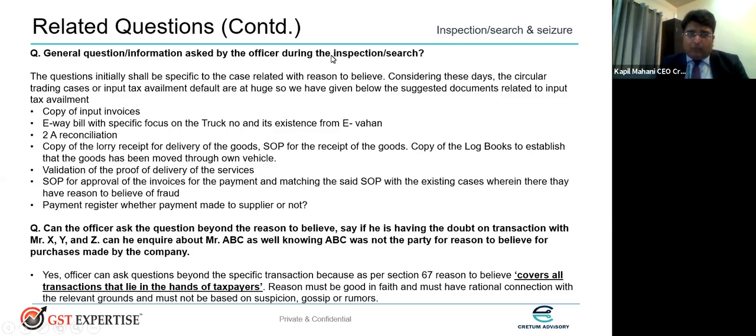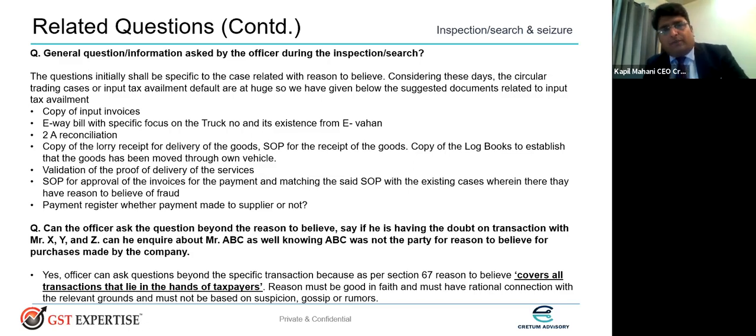So the questions raised at this point should be replied to in a very cooperative manner. Even if certain information is not available, a practice should be maintained that you say we will provide it in due course of time, or if you allow us more time, we can try to arrange that information.